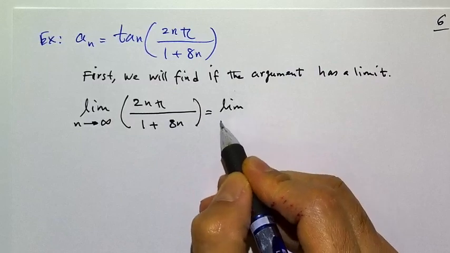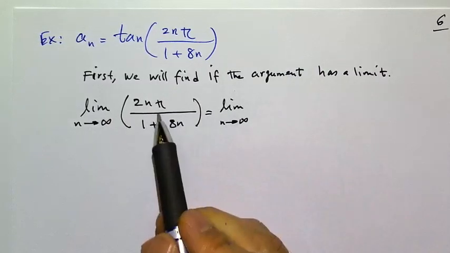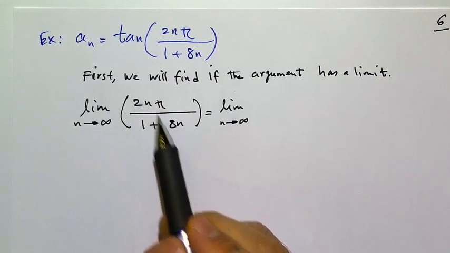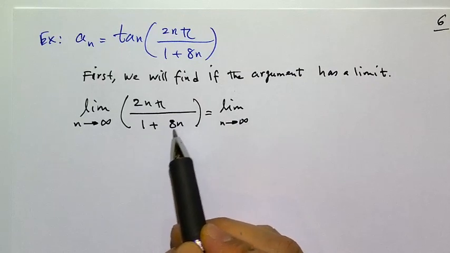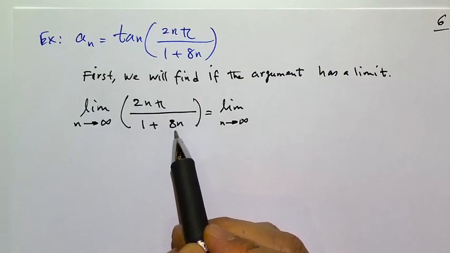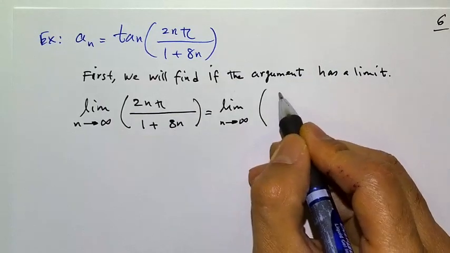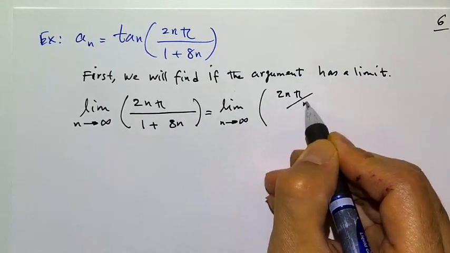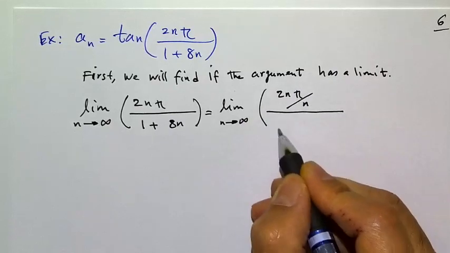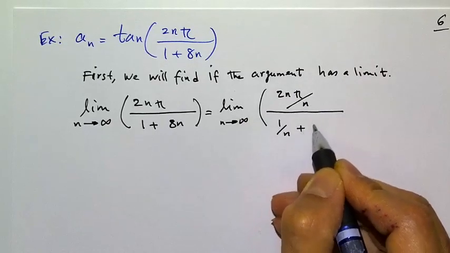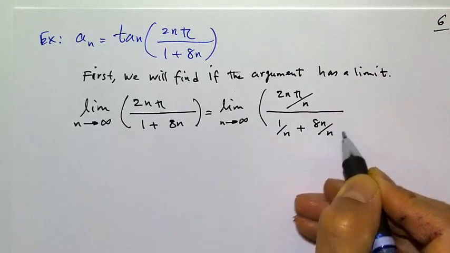We divide all the terms in the numerator and the denominator by the highest power of n in the denominator, which is simply n. So 2n pi divided by n, divided by 1 over n plus 8n over n.